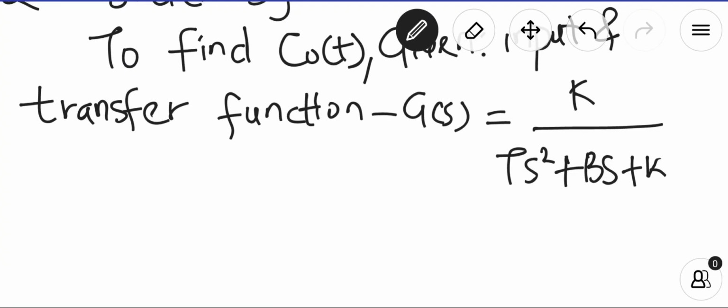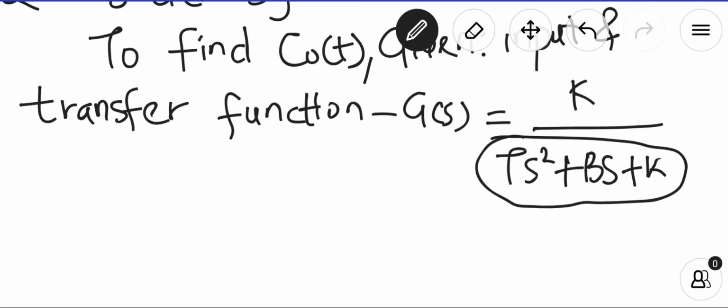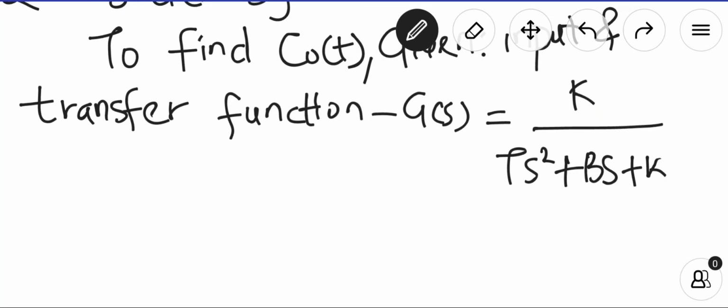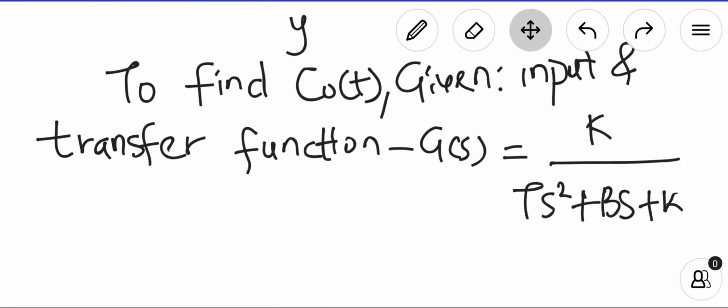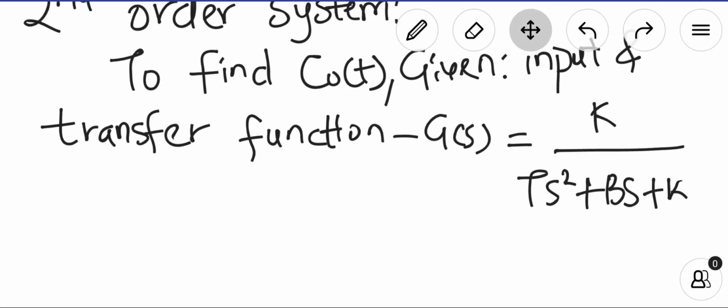You can see that from the characteristic equation, the highest power is 2, so it's second order.